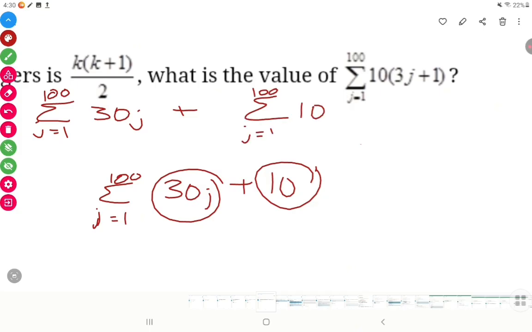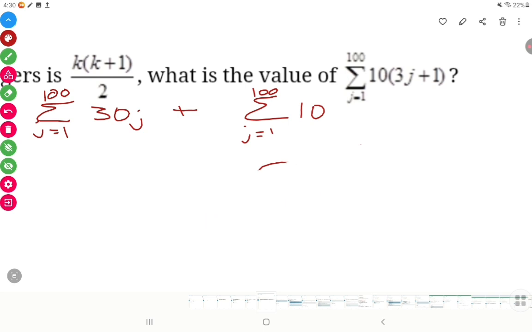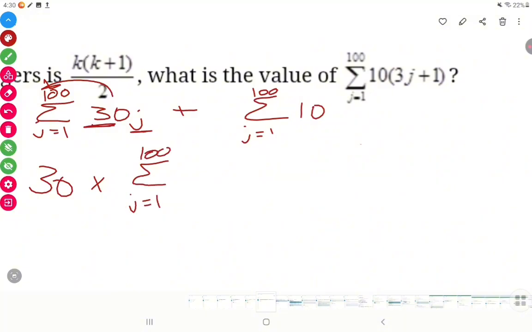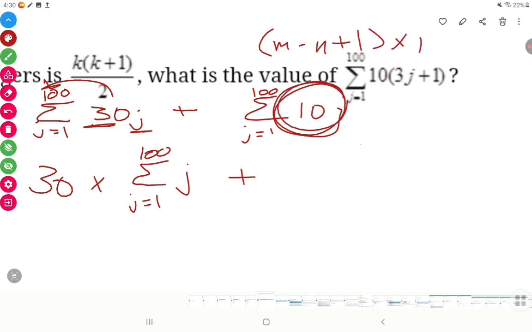Okay, I said when you have a number multiplied by a variable, you bring the number outside. So then it becomes 30 times sigma of j, plus, when you have a constant, just a normal number with no variable, you do m minus n plus 1 times the number, which in this case is 10.